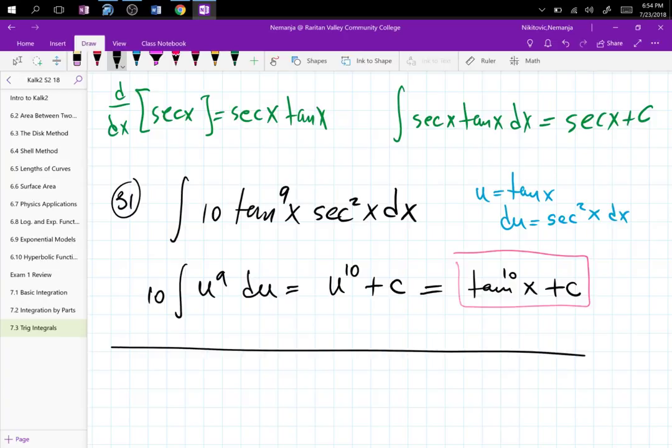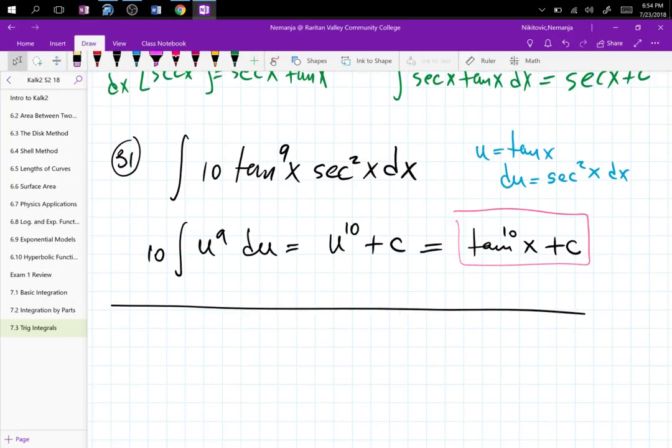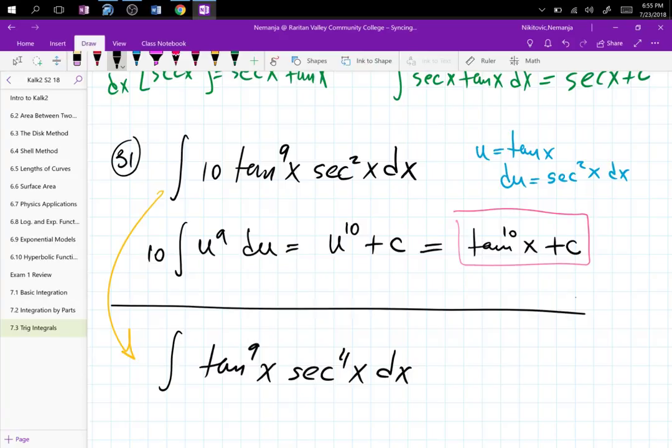So now the next question is, and I'm going to recycle the previous one, the integral of 10 tangent to the 9 x secant to the 4th x dx. So you do not have secant squared anymore. Now it's secant to the 4th. What now? What do you think?